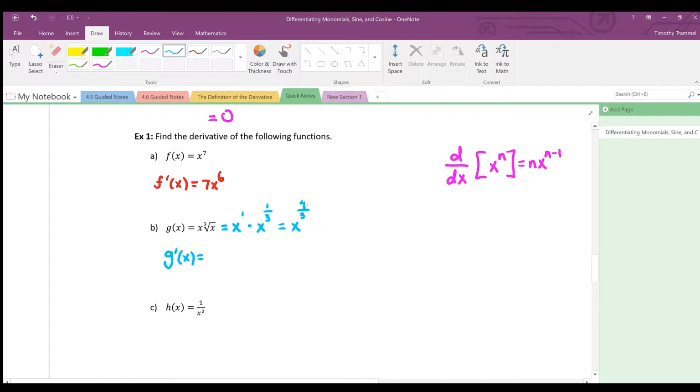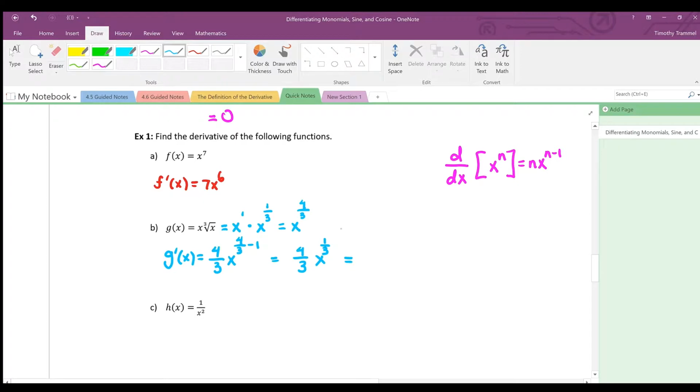All right, so we'll bring this down, 4/3. That's our n, 4/3 x. And then if we take that 4/3 and take away 1, so 4/3 minus 1, let's write that in here. We're going to get 4/3 x to the 1/3.